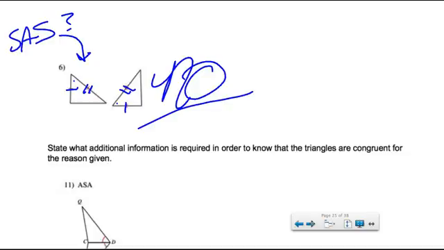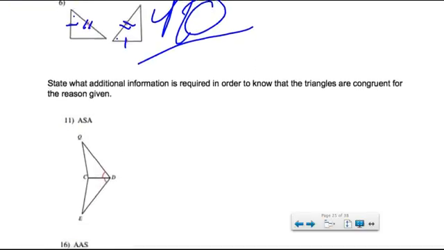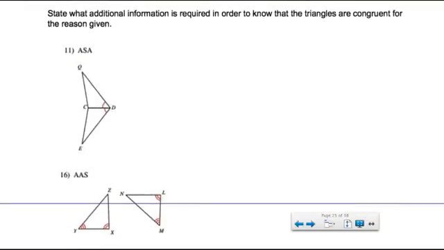And then, similar to the last questions on this, it says state what other information is required so that I know these are congruent. So let's do that. How can I get angle, side, angle on this one? I can't right now, I'd need more markings. What would I need? I would need a side pair, check. The angle on one side of that side and the angle on the other.